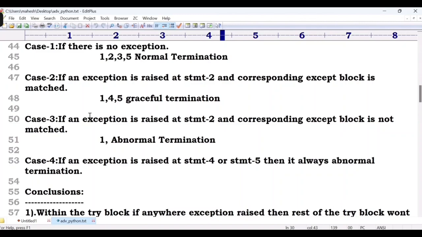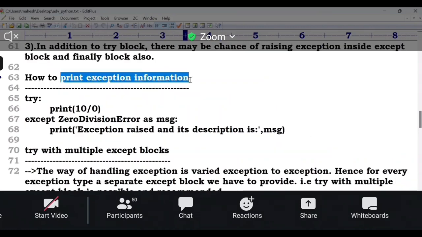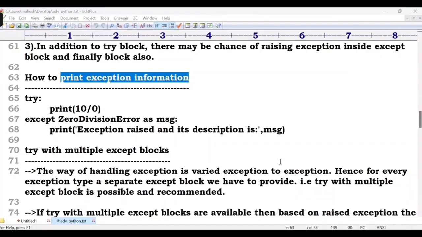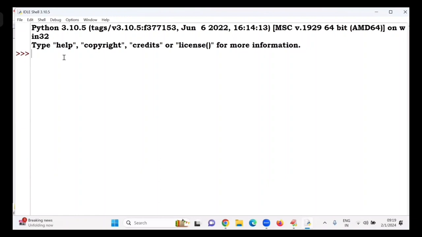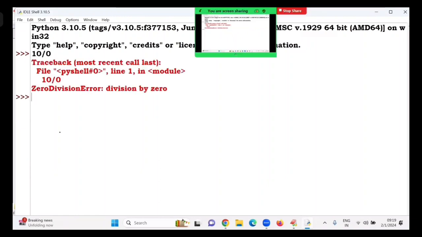So yesterday I gave a simple case study. If any exception is raised, what happens and how to print the exception information? Whenever you get any exception, there are two parts available. If you go with 10 by 0, there are two things: one is ZeroDivisionError, second is division by zero.